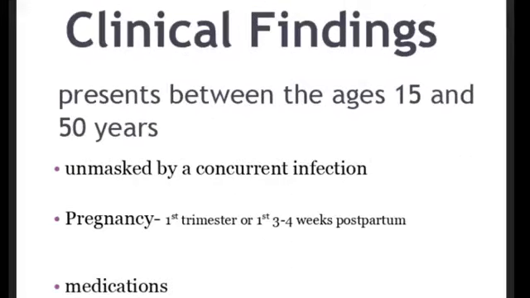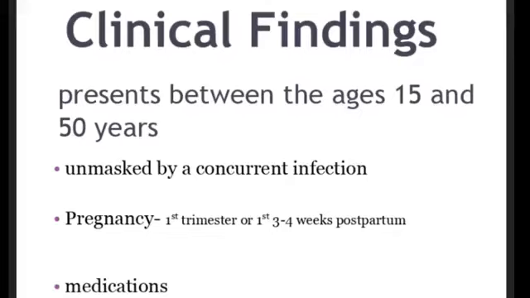Clinical findings: this disease can occur at any age and usually presents between ages 15 and 50 years, with women affected more than men in younger age groups, and the reverse at older ages. Although the onset of disease is usually insidious, the disorder is sometimes unmasked by a concurrent illness, which leads to an exacerbation of symptoms.